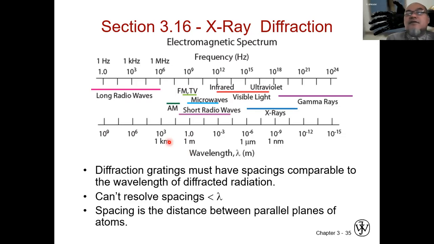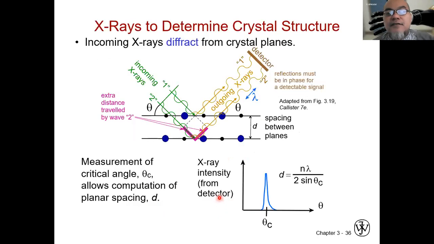We cannot use visible light diffraction to elucidate the structure of a crystalline solid. Spacing here in this case will be the distance between the parallel planes of atoms. So this is how researchers use X-ray to determine the crystal structure.